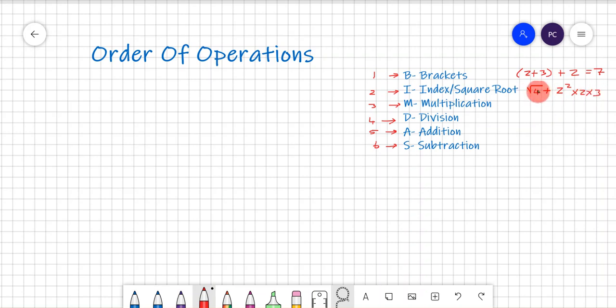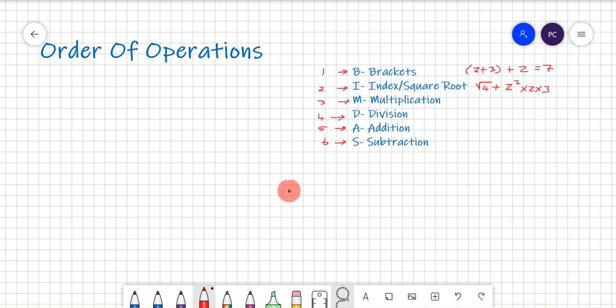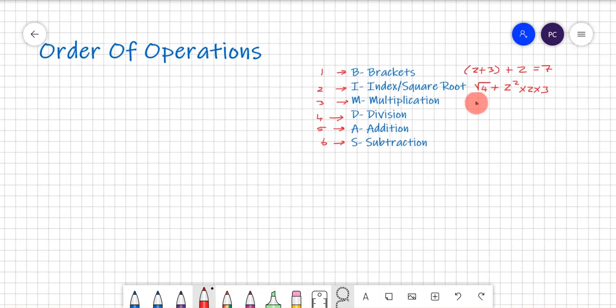Again, you'd have to do the square root and index first. The square root of 4 is 2, and then 2 to the power of 2 is 4. So that's 6. 6 by 2 is 12, and then 3 12s is 36. So that would be equal to 36.